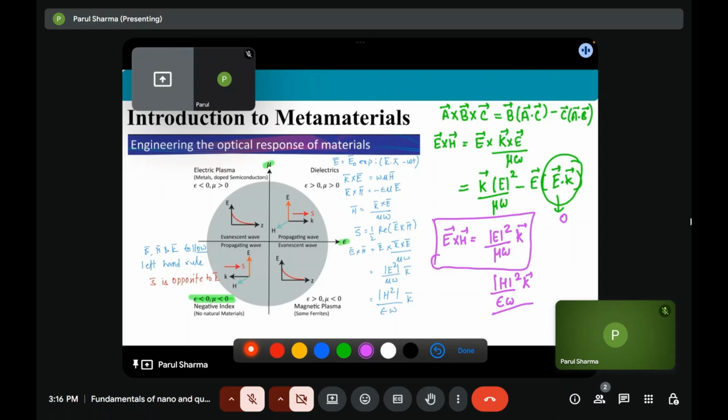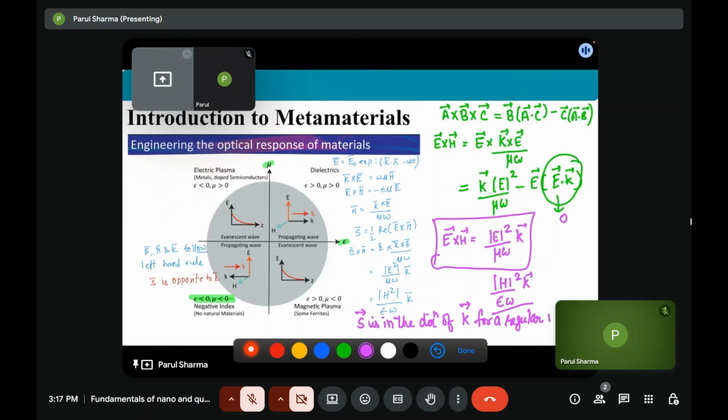So what we saw from this is that S is in the direction of K. This is the case when we consider a regular material and a plane wave is incident on the material.